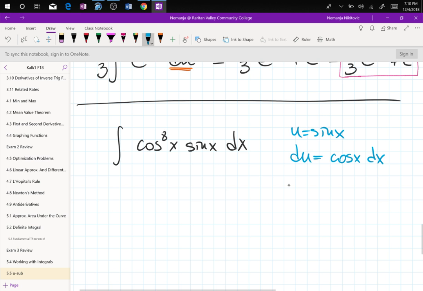Good. So now, when I plug this in, sine x is going to give me u. I'll take one of the cosines from here, which leaves me 7 cosines around, and make this du.